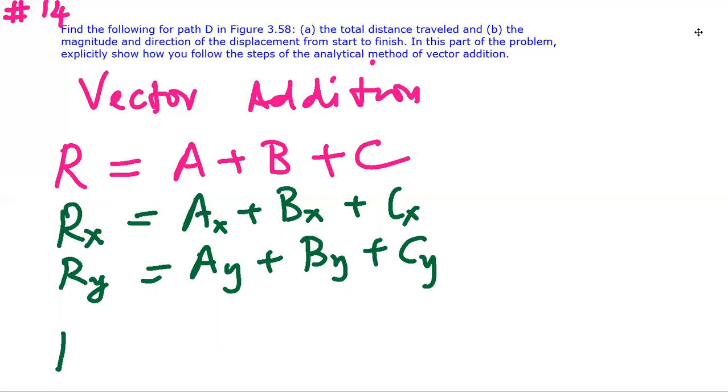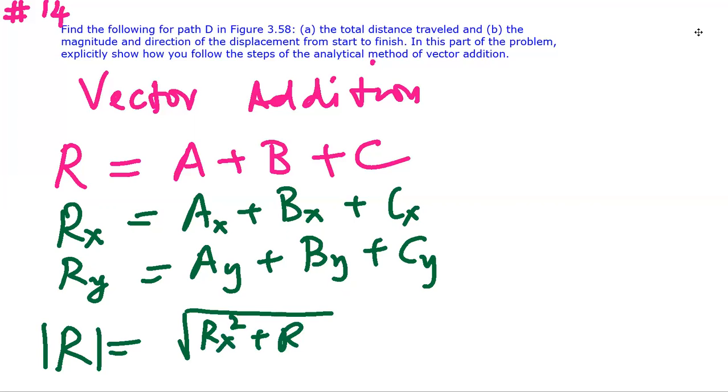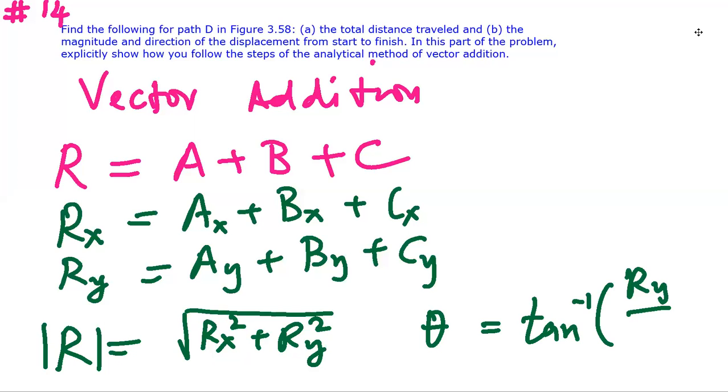And then the magnitude of R is equal to the square root of Rx squared plus Ry squared. And the direction will be the inverse tangent of Ry over Rx. So those are the three steps.